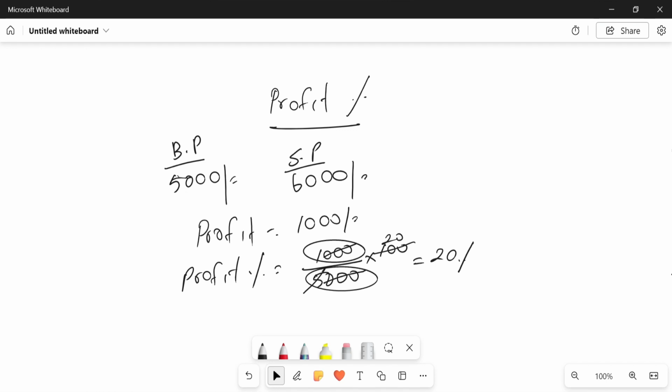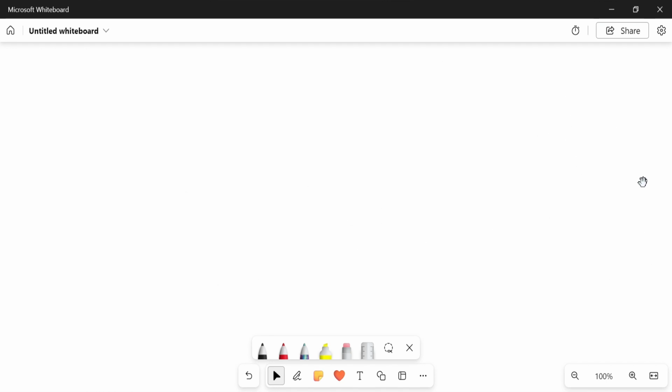This is how we are finding the loss percentage as well. Sometimes in business we have to face loss as well. So if you buy something for 5,000 rupees and due to some damage or some other problems, you have to sell it for a lesser price. So the selling price SP is say 4,000 rupees.